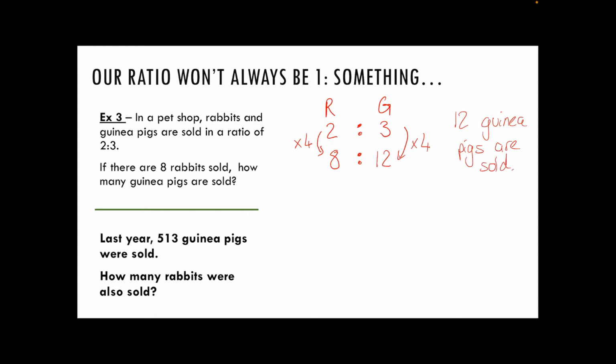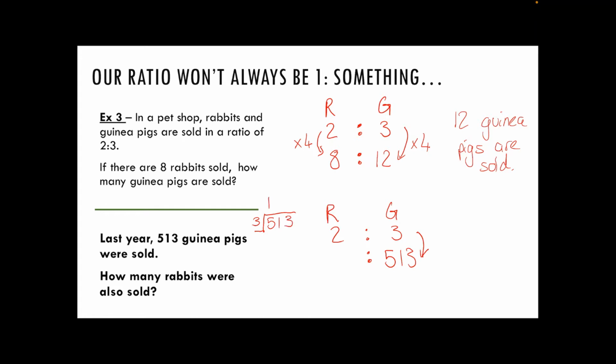Last year 513 guinea pigs were sold. We want to know how many rabbits were also sold. So using the same ratio as above, the 2 to 3, but this time we're told that it's 513 guinea pigs. Now, looking at this, you're probably thinking, I'm not sure what times by 3 is going to give me 513. But remember, our opposite of multiplying is dividing. So to work out what we multiply by, we just need to do a quick division.